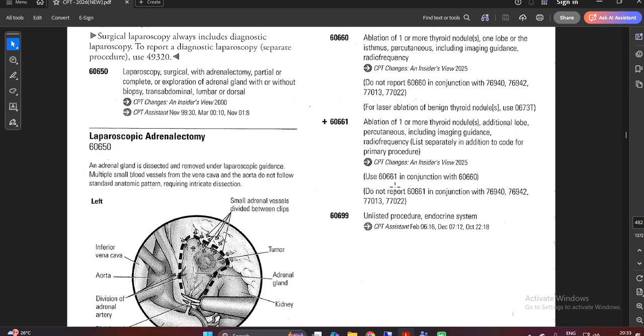Okay. Next 60661, ablation of one or more thyroid nodules, additional lobe, percutaneous, including imaging guidance, radio frequency. So for example, if the patient has one nodule ablated on the left lobe and one nodule on the right lobe, how do you code, guys?